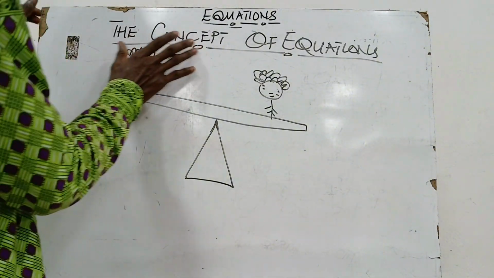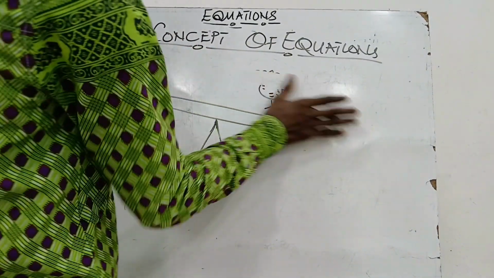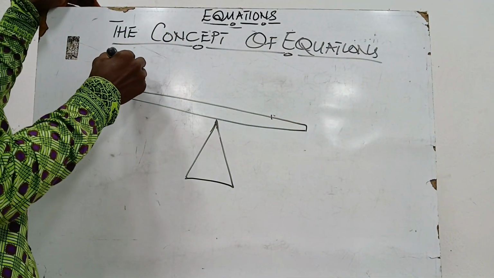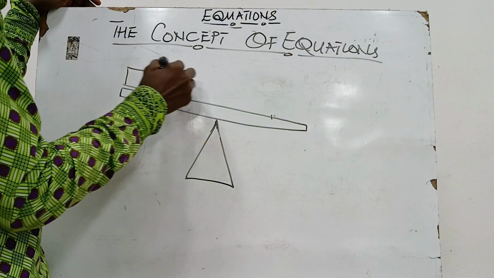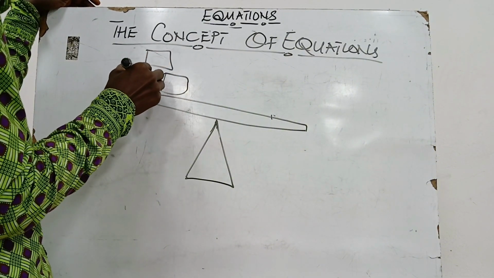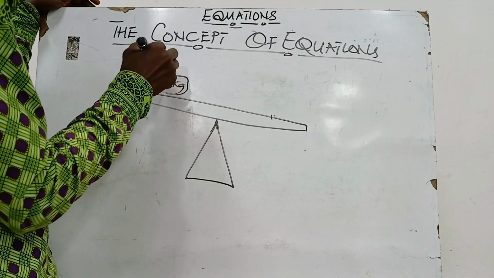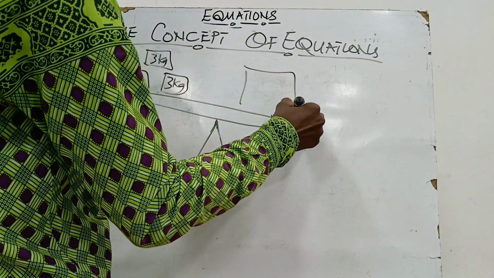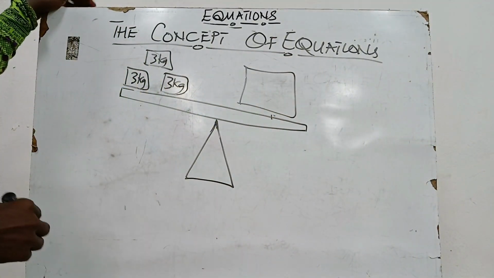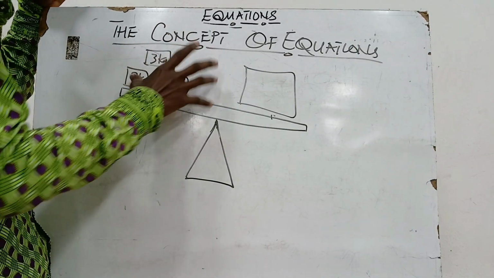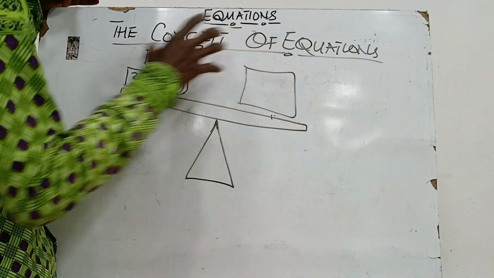So it means if let's say I have 3 boxes, each weighing 3 kilogram, 3 kilogram, 3 kilogram, and let's say I have just one big box here. If we are going by what I said earlier, then everything here should be equal to the value of everything here.